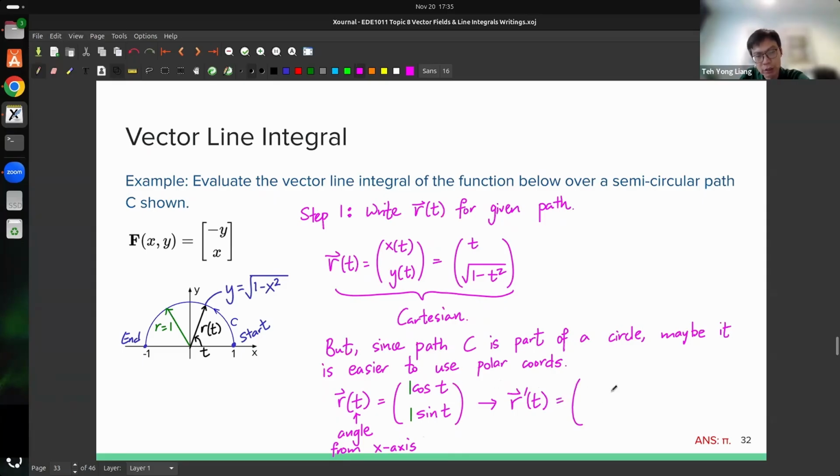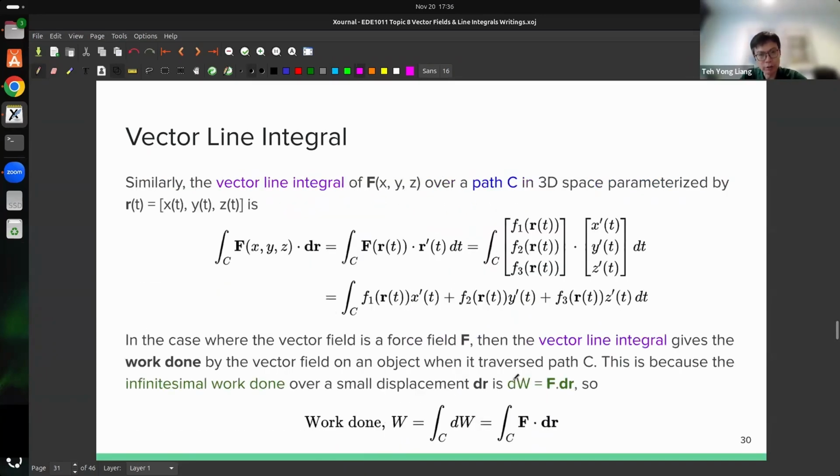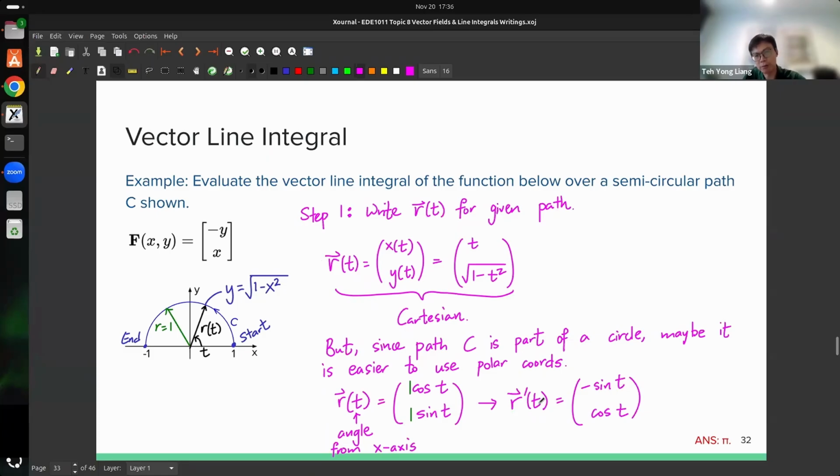So now it becomes minus sine t, then cosine t. That's it, you got your r prime already, because remember your integral needs f and r prime dt. So you have found the r prime already. That's step 1.